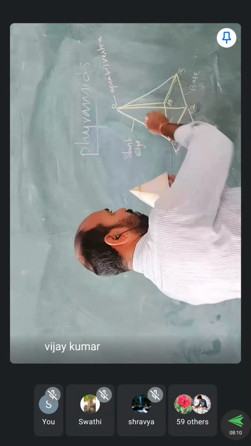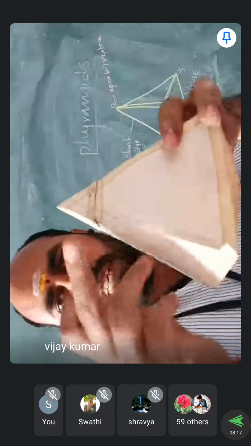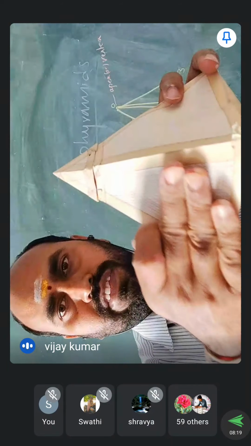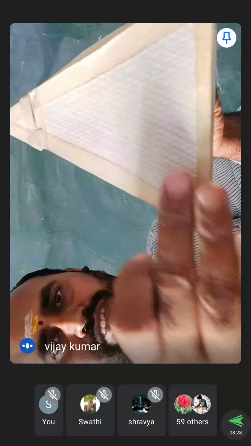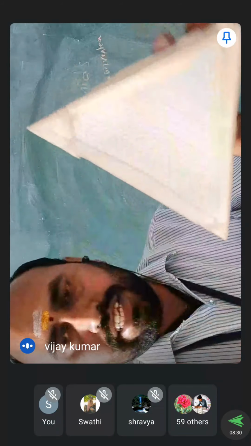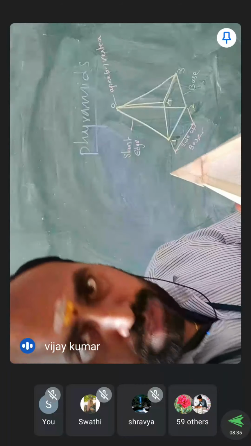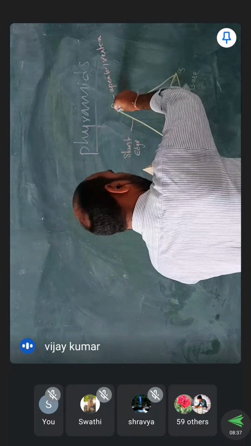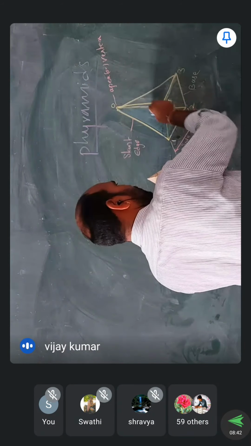For example, suppose this is a slant edge and this triangle is called a face. To understand this, the face is represented with hatching zigzag lines like this. If I want to represent one of the faces, it is like this.